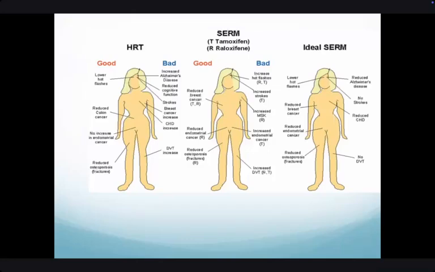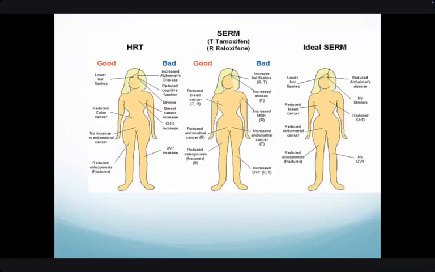So we normally use HRT as our first line, including vitamin D and calcium. And then SERMs would be used ideally as a second agent. So the overall good and bad aspects of administering hormone replacement therapy to postmenopausal women compared to the observed site-specific action of SERMs, tamoxifen and raloxifene, on this picture.